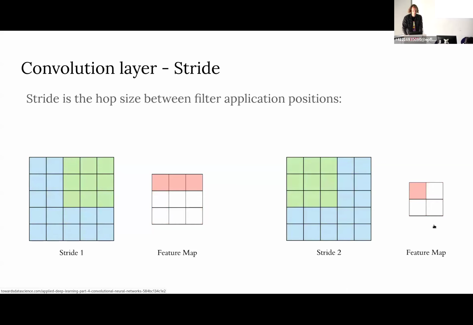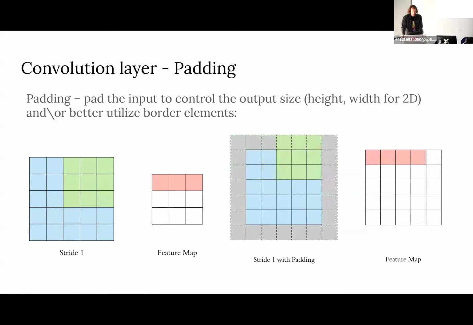Clear? Clear. And probably you want to avoid making it smaller for some sorts of tasks, or maybe you want to make it even bigger, or you want to keep it the same as it was before. So if you had 5 by 5 and you want to have 5 by 5 output, you may want to have padding. Padding can be different.